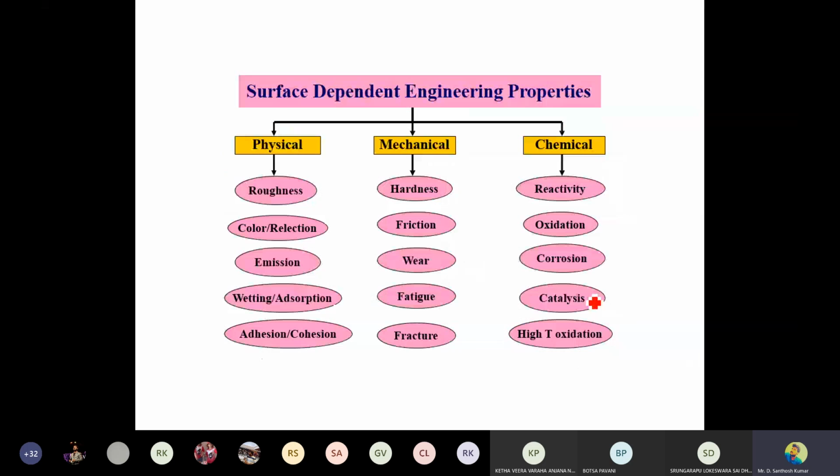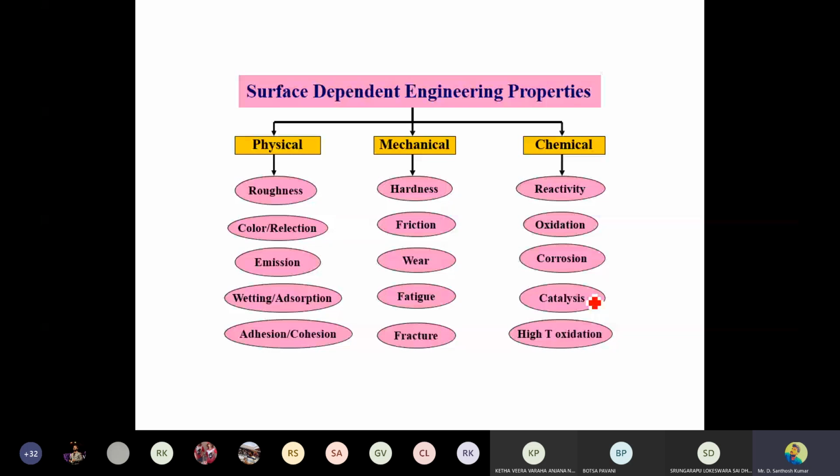Okay, so now we move on to another concept, that is surface dependent engineering properties, and majorly three different kinds of properties: physical, mechanical, and chemical. Because of these properties, the entire material performance will vary.